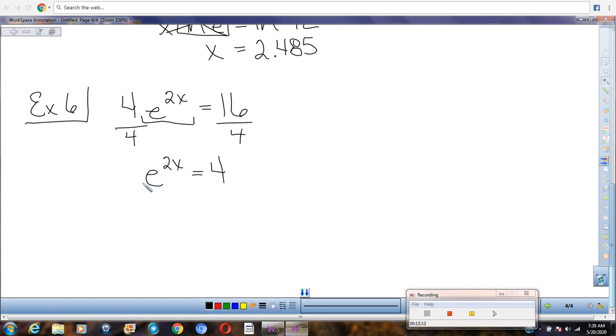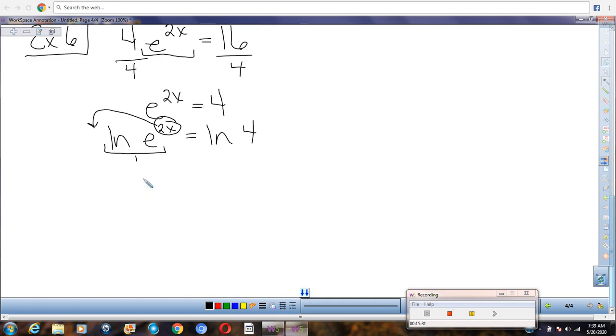Then to get rid of the e, I have to put a natural log in front of both sides. Here, this exponent gets to move out in front, and the natural log of e becomes 1. So we have 2x times 1, or 2x, equals the natural log of 4, which in your calculator gives 1.386. Dividing both sides by 2, x equals 0.693.